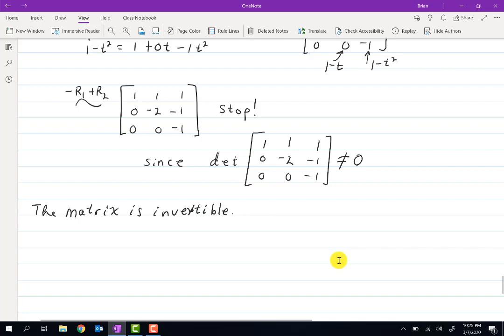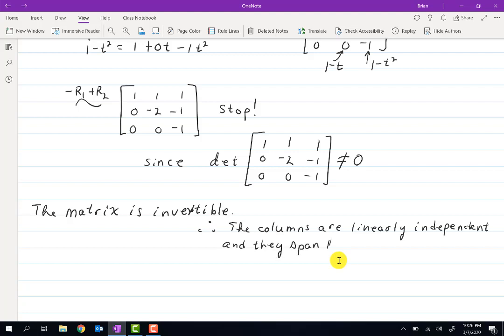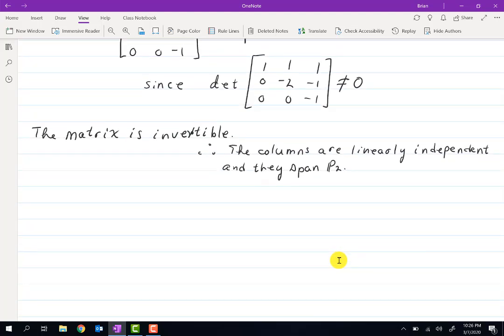So, therefore, the columns are linearly independent and they span. So B is a basis.